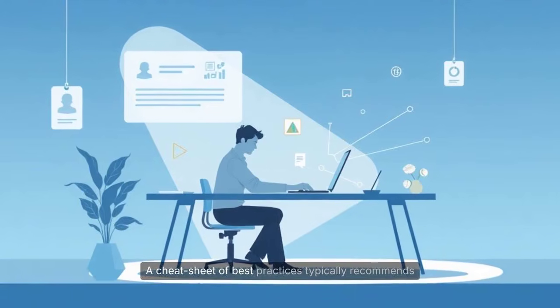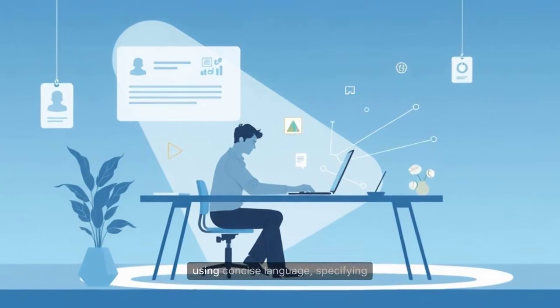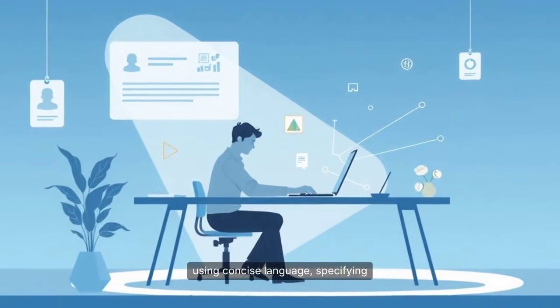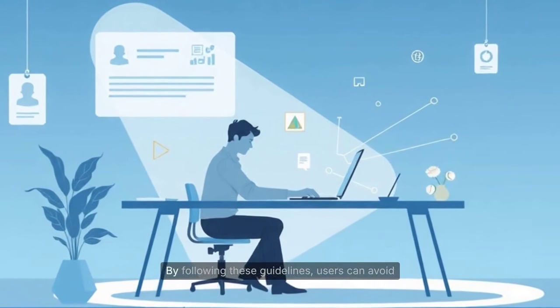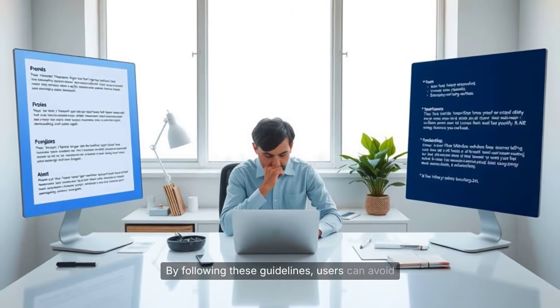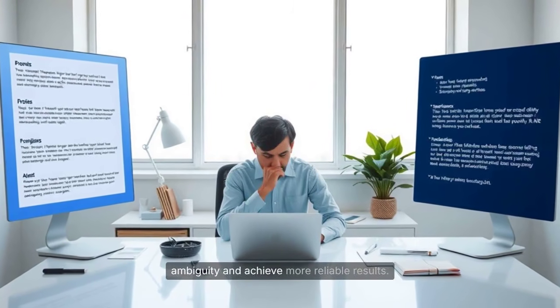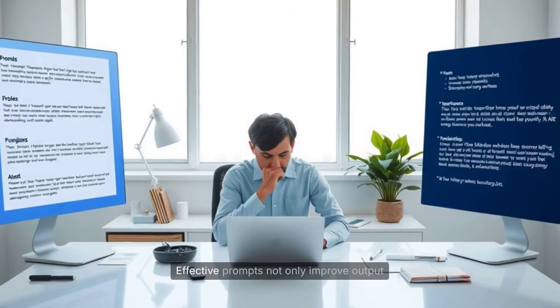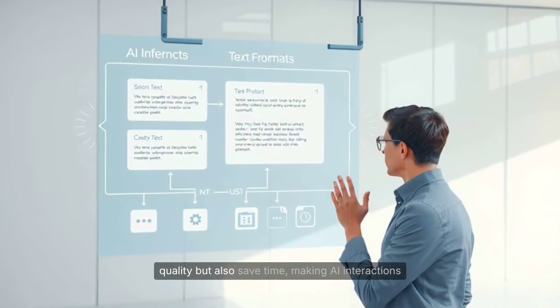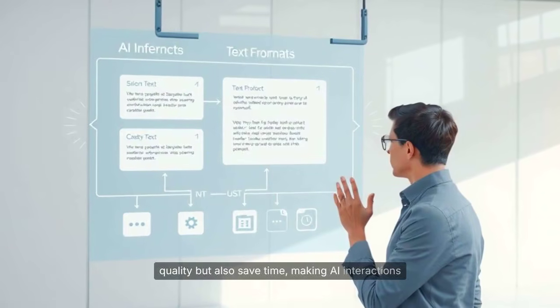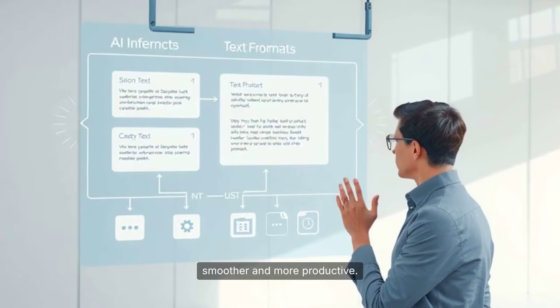A cheat sheet of best practices typically recommends using concise language, specifying desired formats, and including relevant context. By following these guidelines, users can avoid ambiguity and achieve more reliable results. Effective prompts not only improve output quality, but also save time, making AI interactions smoother and more productive.